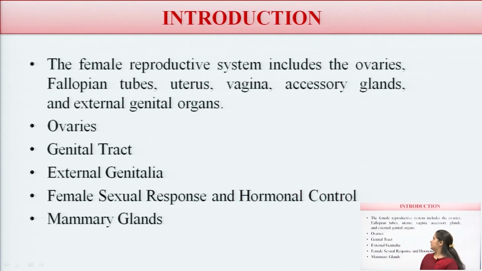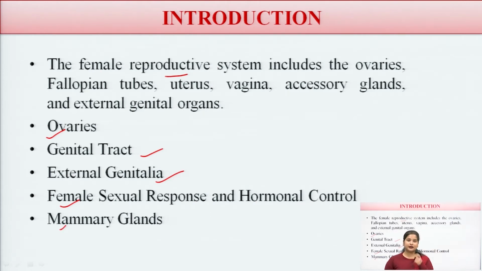Now there are various female reproductive organs. These are the ovaries, genital tract, external genitalia, female sexual responses or hormonal control, and the mammary glands.